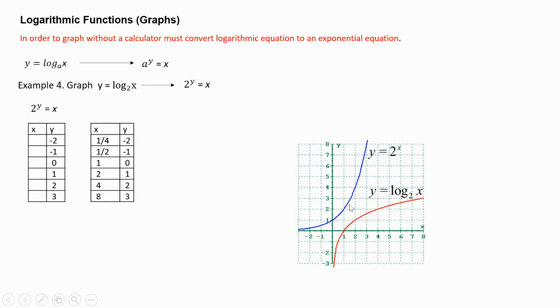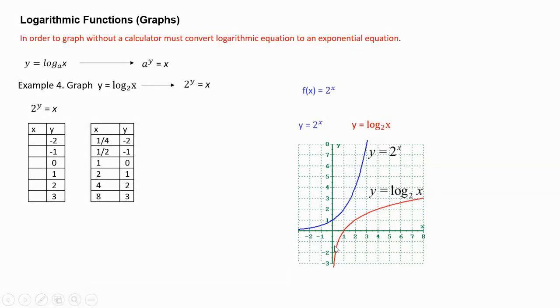So anyway, this in red is the graph for the logarithmic function, and in blue is the exponential, the one that I did in the previous slide. If you notice, when x is 1/4, 1/4 means that you're going to cut this unit from 0 to 1 into 4 equal places, and 1/4 will be about right here, where my arrow is.